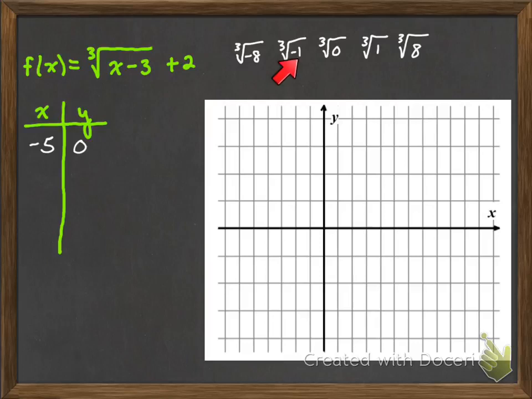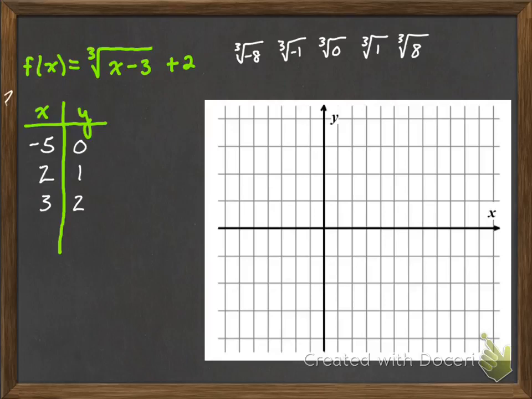All right, so now to get a -1, our x value needs to be 2, and that will give us a y value of 1. In order to get a cube root of 0, the x will need to be a 3. That will give us 0 here, and 0 plus 2 is 2.